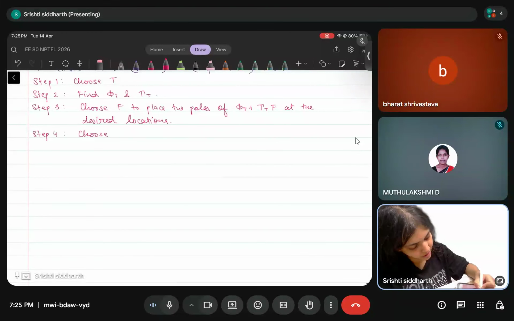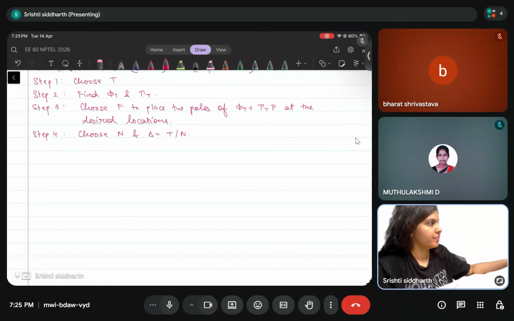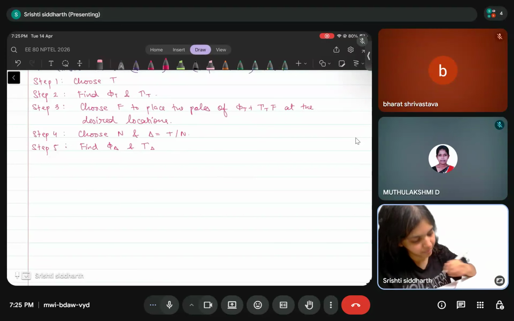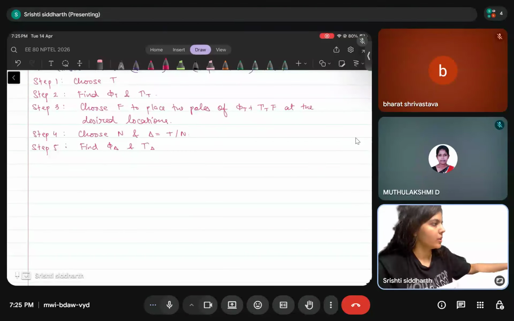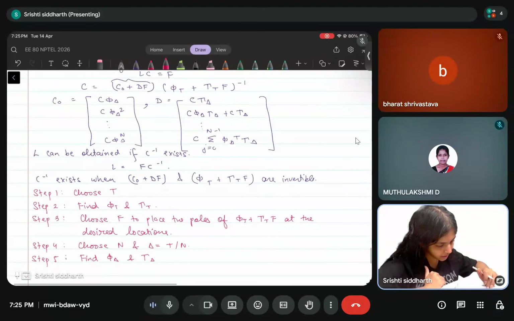Then choose N, and therefore delta is T over N. You have to calculate phi delta, gamma delta. What's the next step? We have phi delta, gamma delta.